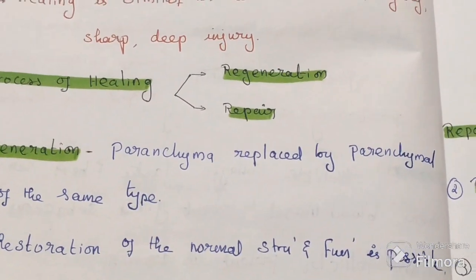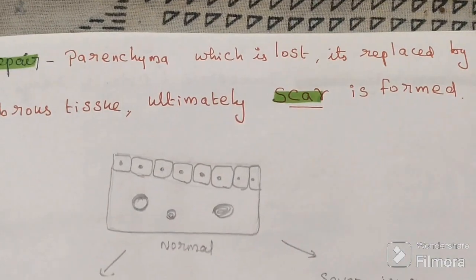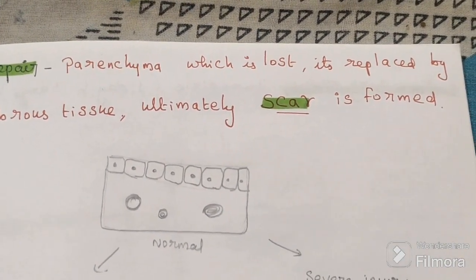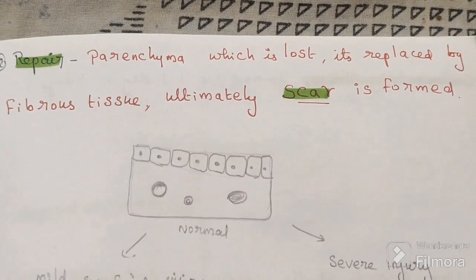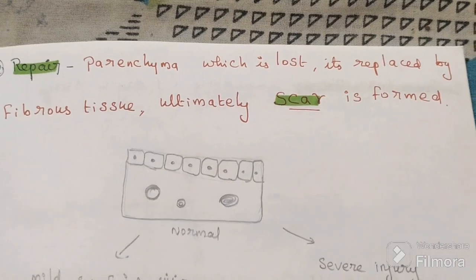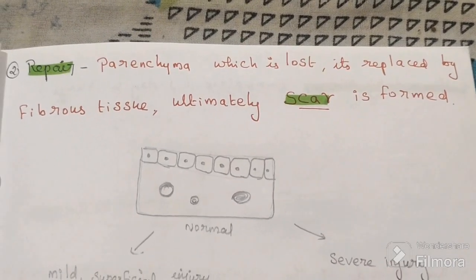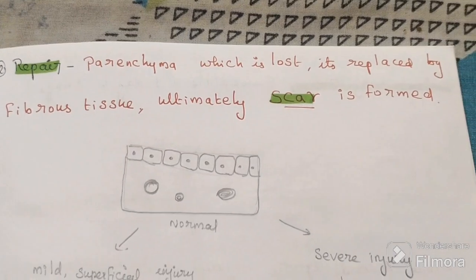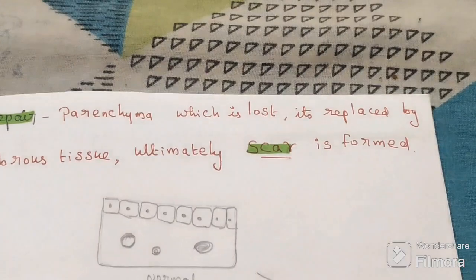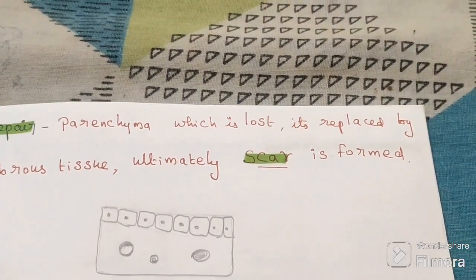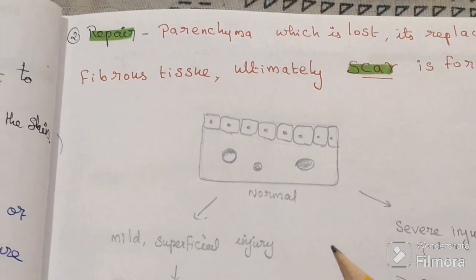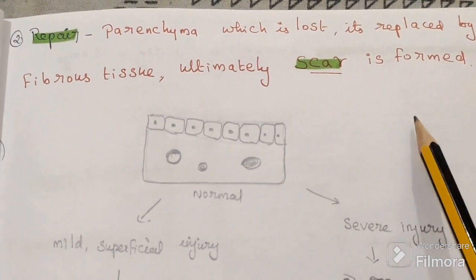In repair, the parenchyma which is lost is replaced by fibrous tissue, so restoration of normal structure and function is not possible. Ultimately, a scar is formed.